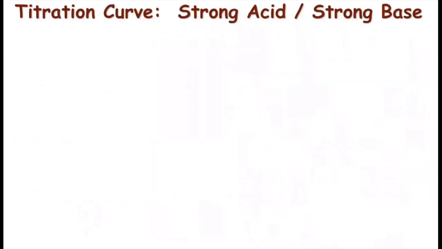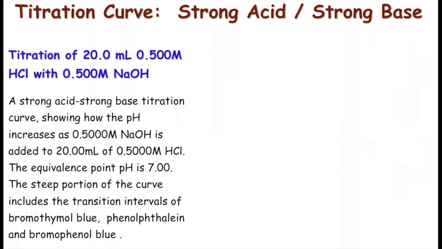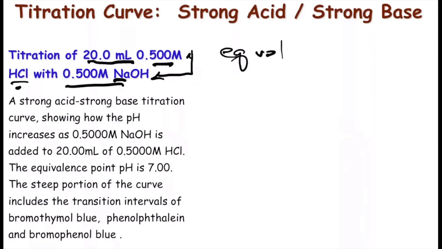So let me go ahead and give you different scenarios here, okay? Because the one problem that we looked at here in detail shows you how to do those calculations. This right here is a strong acid, strong base situation. You've got 20 milliliters of 0.5 molar hydrochloric acid, and you're adding 0.5 molar sodium hydroxide. You see how both of these are the same concentration? Guess what? The equivalent volume is going to be 20 milliliters of sodium hydroxide.